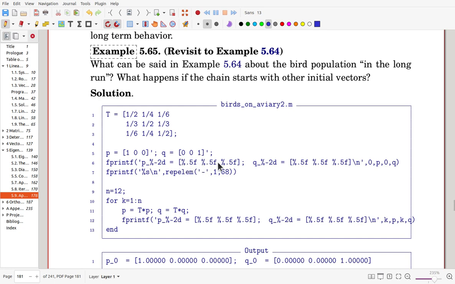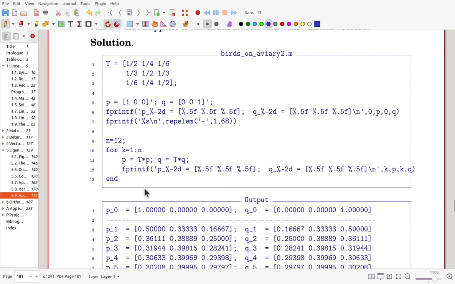This is the printout, and now here for P and Q, we multiply by T so that each 10 minutes the state vector will be changed, starting from two different distributions. Each time the state vectors are being printed.